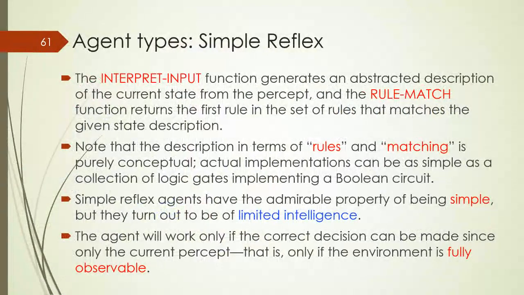So the interpret input function generates the abstract description of the current state, and rule match finds the matching rule, looking into the table to find what would be the rule based on what we have in the input, and based on that finds the correct reflex for the agent.